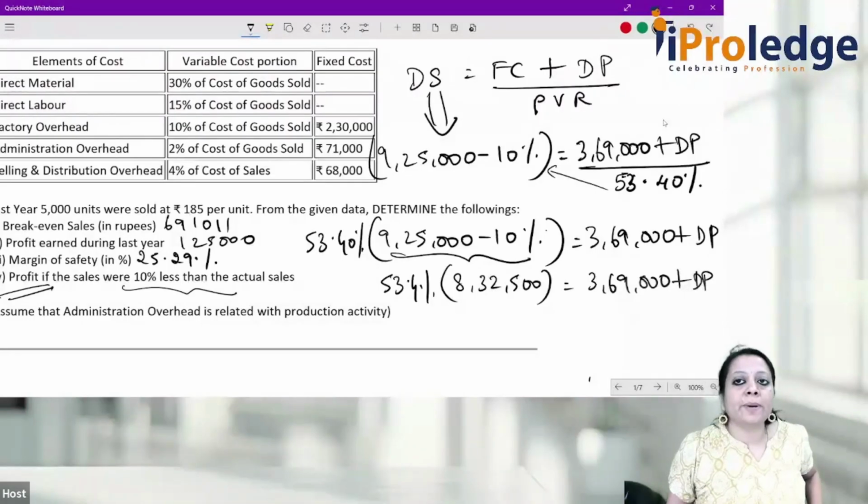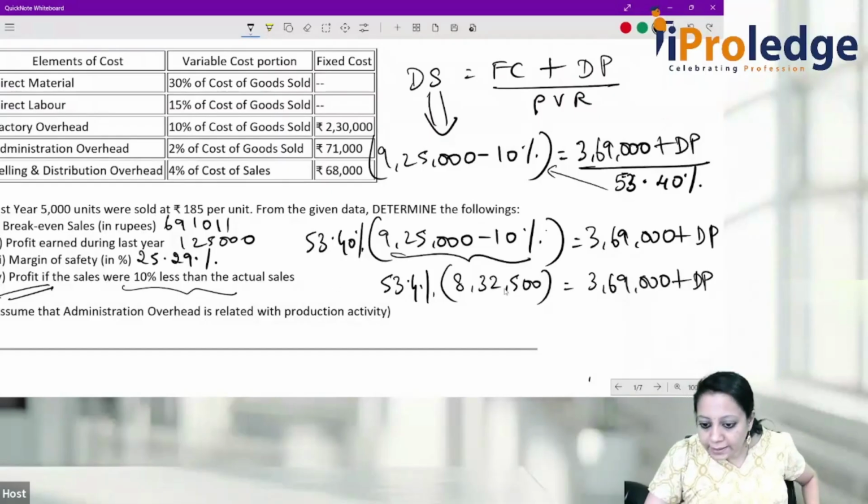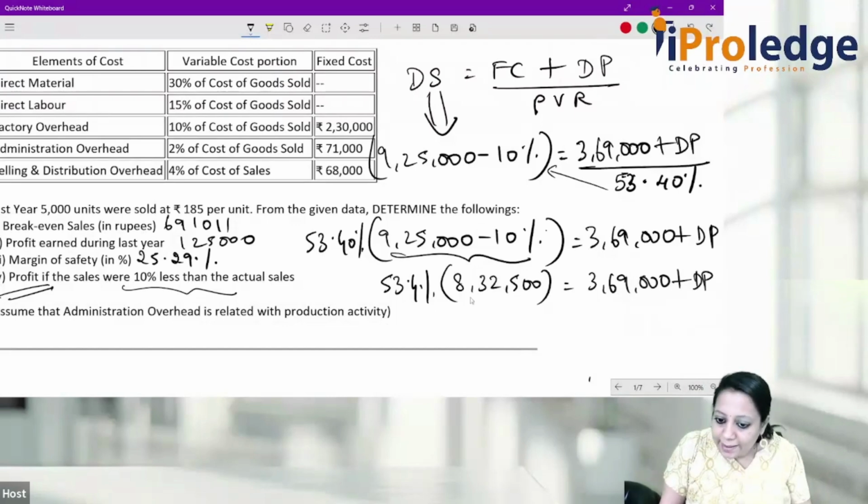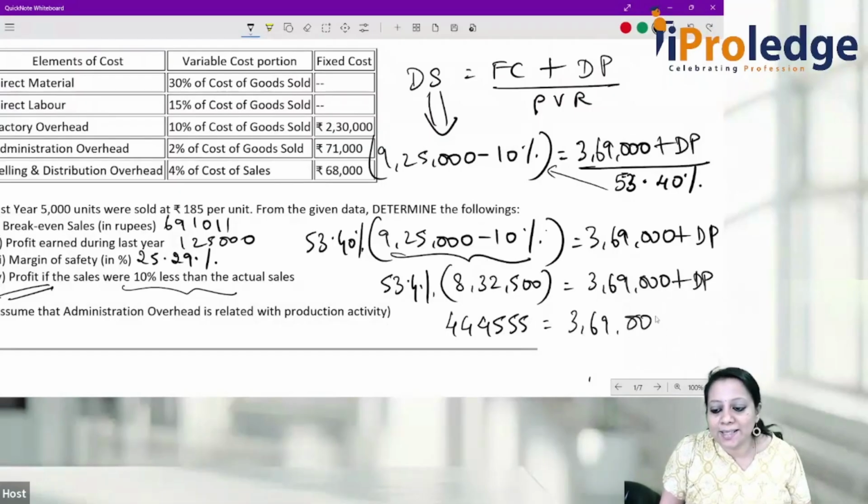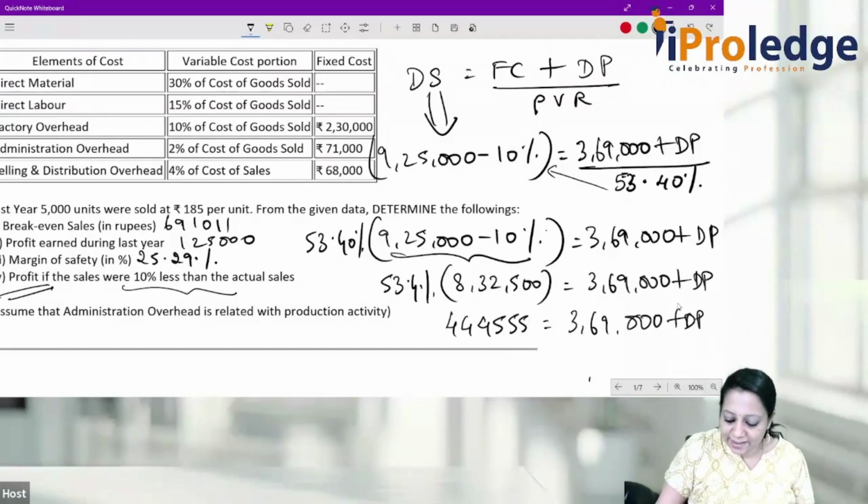So desired profit, I've kept it as it is, DP. So 8,32,500 into 53.4% is right now 4,44,555. It's looking like some phone number. 3,69,000 plus desired profit. So 75,555. That is the desired profit.